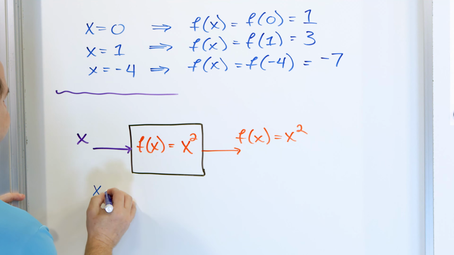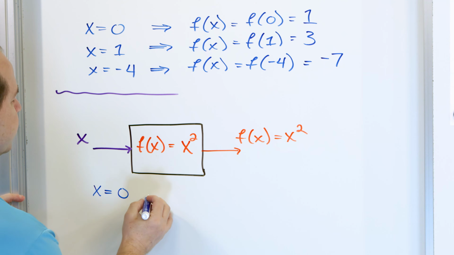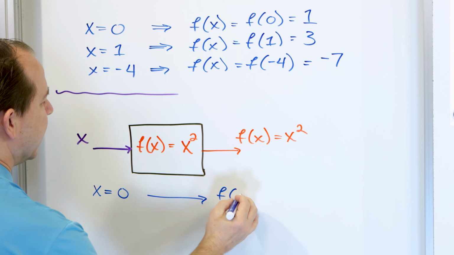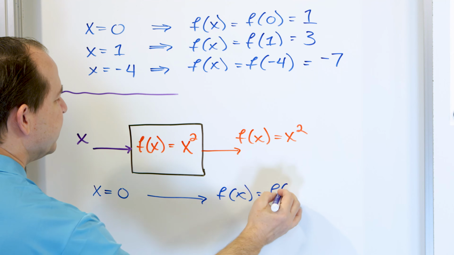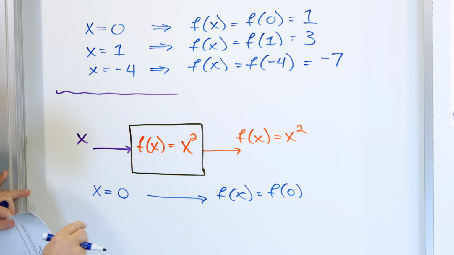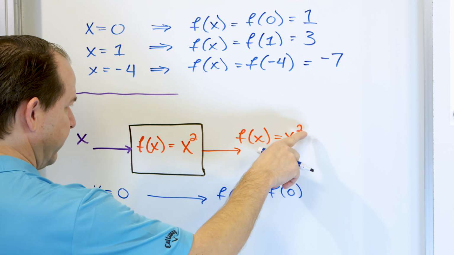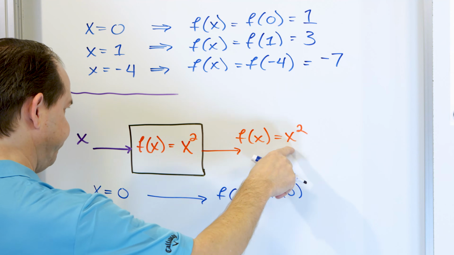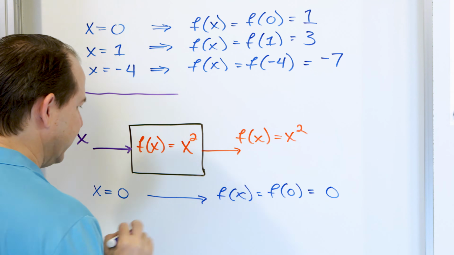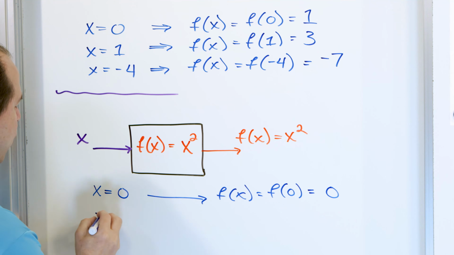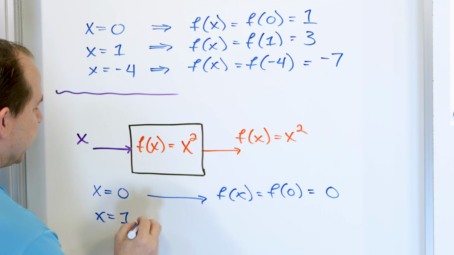What if x is equal to 0? Then f of x, this function evaluated at x equals 0. Well, if I put 0 in here, 0 times 0, that's what 0 squared is, the output is 0. What if I put x is equal to 1 here?